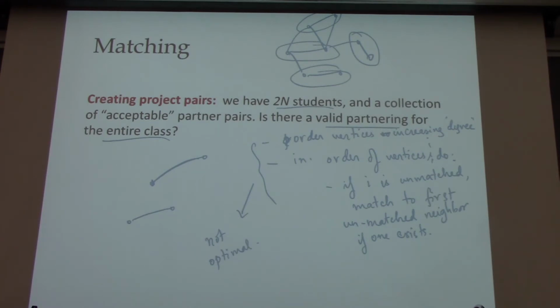In fact, matching is one of the first very non-trivial algorithms, especially for graph problems. We'll see how even in bipartite graphs, matching is kind of non-trivial to do. These simple heuristics just don't work, and it took a lot of research for the first efficient matching algorithm to come out.